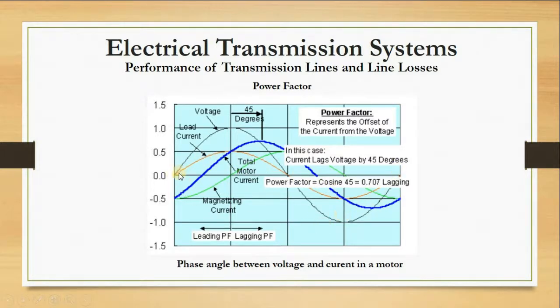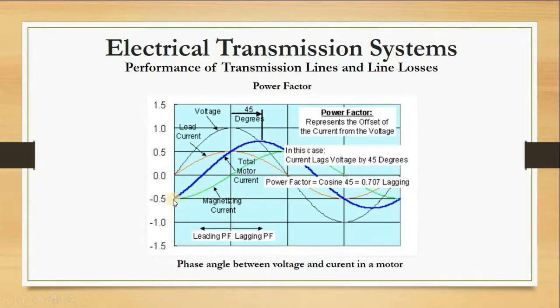So now we can see we have two different currents within the motor. The two of them come together to give the total motor current, which is represented by the blue waveform.